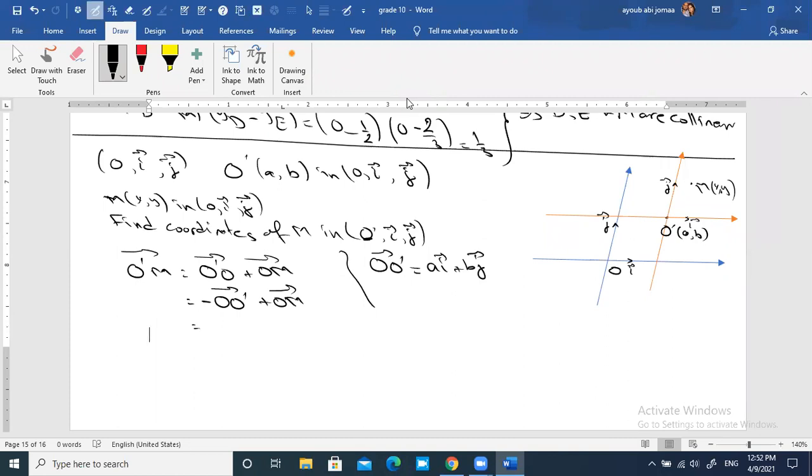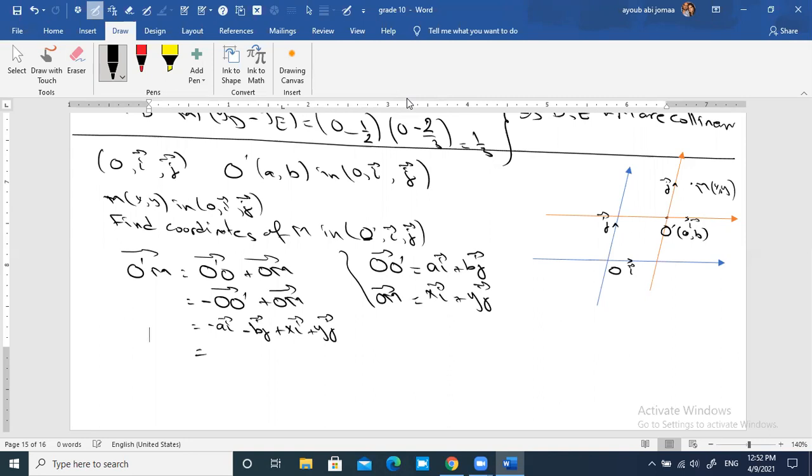M has coordinates XY in the system OIJ, which means that also OM is equal to XI plus YJ. So replace here: negative AI minus BJ, because you have minus outside, plus XI plus YJ.